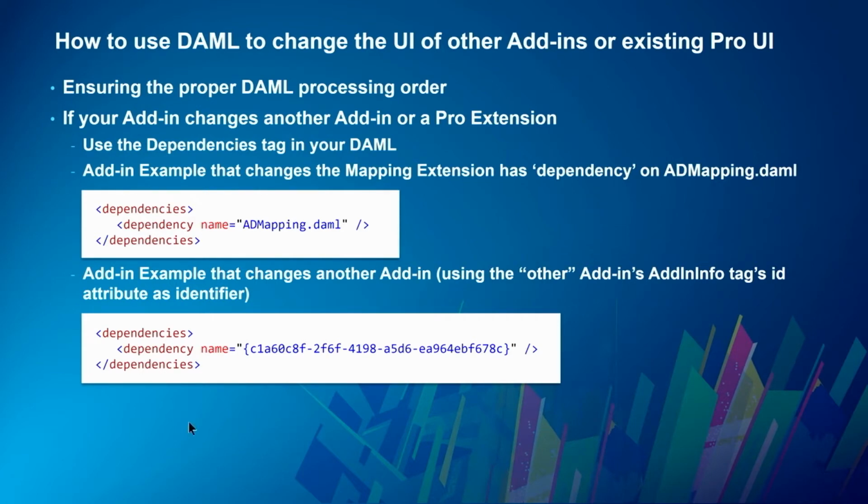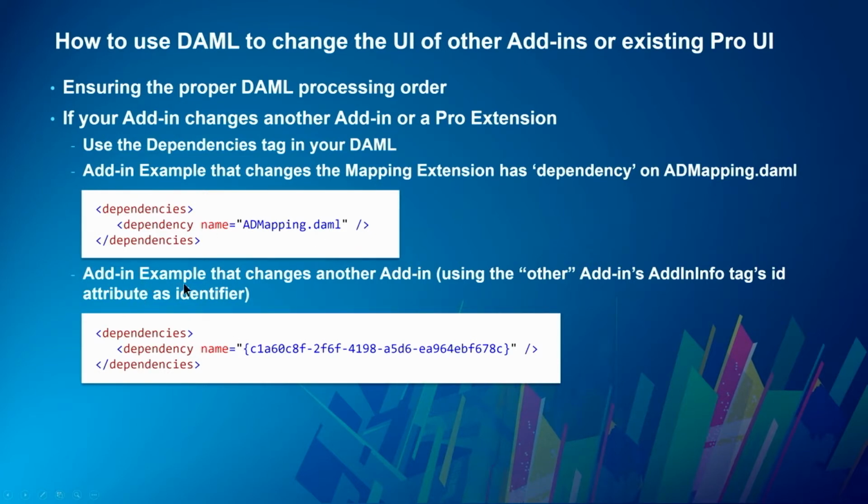So if you look at an add-in example, for example, that changes the mapping extension, we have a dependency on add-mapping.daml. That's the name of the file of our DAML there. So I have to specify in my DAML file a dependencies tag, and then I list the dependency that I have. If I have more dependencies, I have to add more entries within my dependencies tag. So if I have editing dependencies, I add that in there and so on.